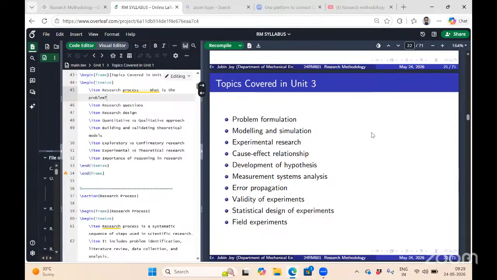Hypothesis. What do you mean by hypothesis? Hypothesis is a testable prediction in research. Okay, so we can test that prediction. After completing the research, we have to tell whether this statement is right or wrong. We have to develop it. For example, automation increases efficiency.